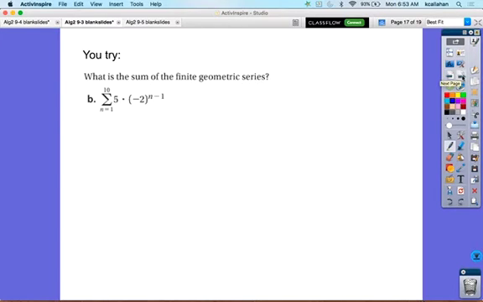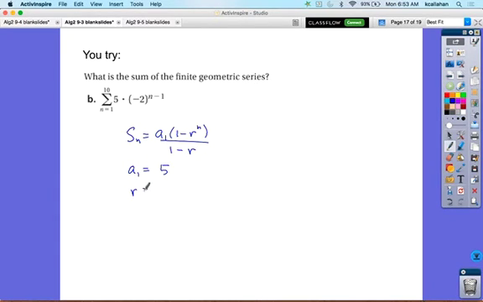Okay, so try this one again in the summation notation form, the sigma. Hit pause. When you're done, hit play. So again, if I plug in a 1 here, I get -2 to the 0, which is 1, times 5, which is 5.